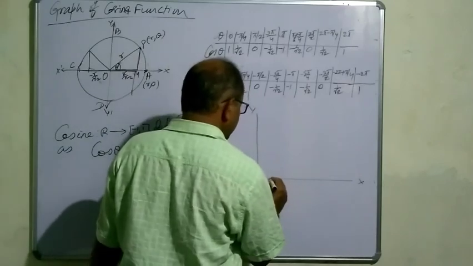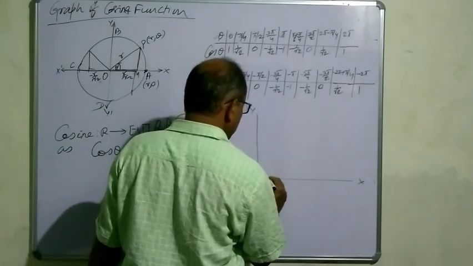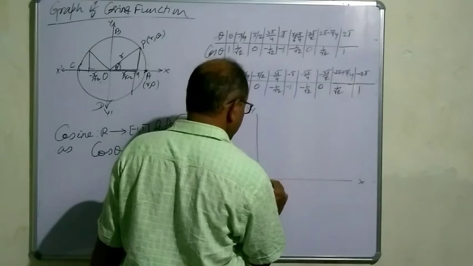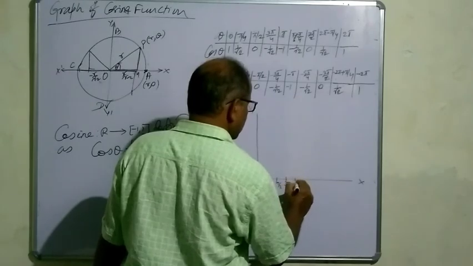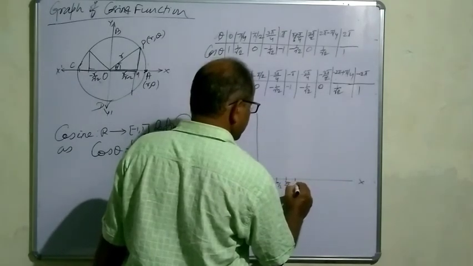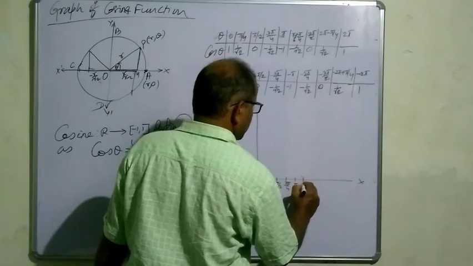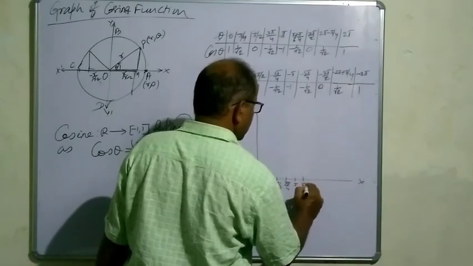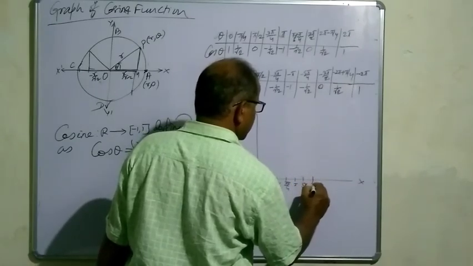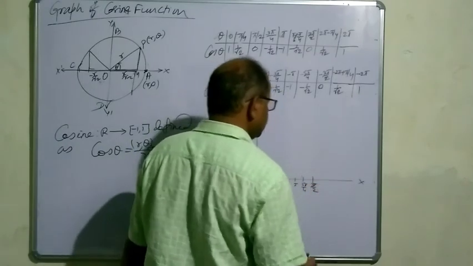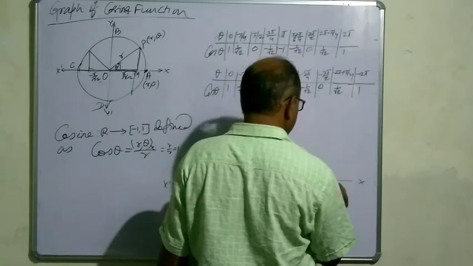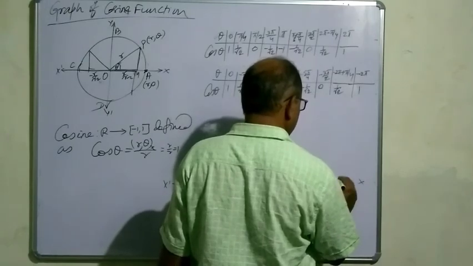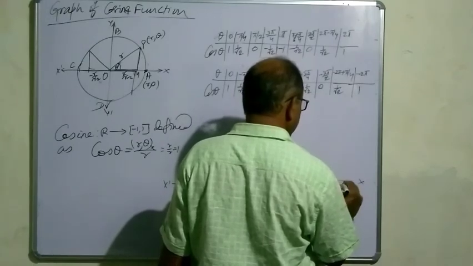Here you will vary theta: 0, pi by 4, pi by 2, 3 pi by 4, pi, 5 pi by 4, 3 pi by 2, 2 pi minus pi by 4, and 2 pi.